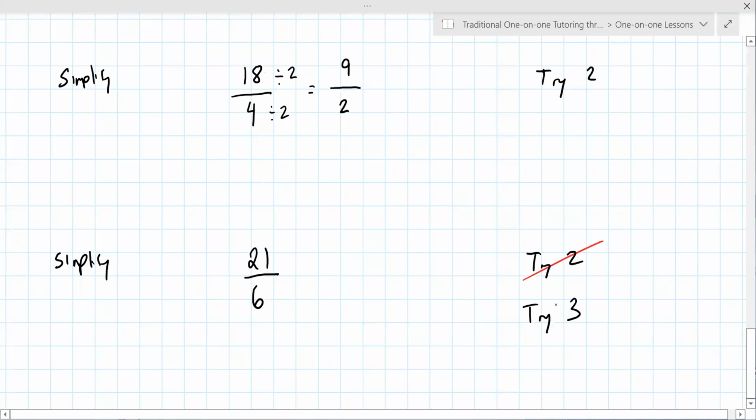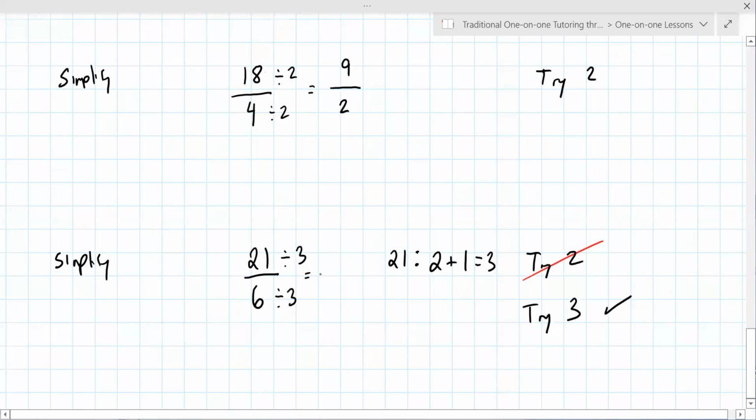The divisibility rule for 3 says you take the number and add up the digits. So 2 plus 1 is 3, and if that's a multiple of 3, which it is, you know that 3 works. We also know that 6 works because 6 is a multiple of 3. It's 3 times 2.